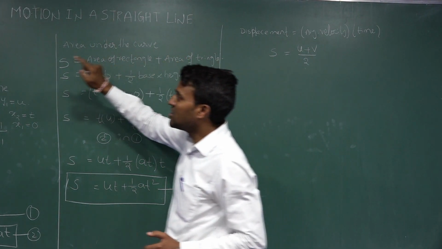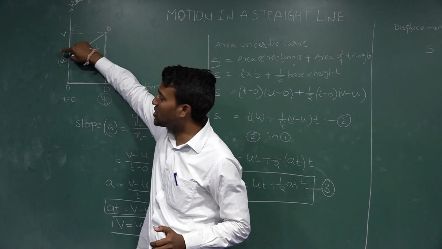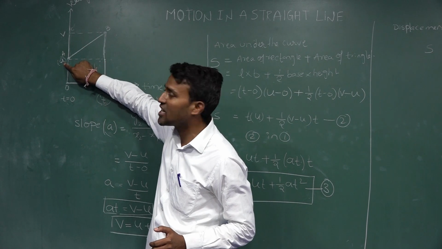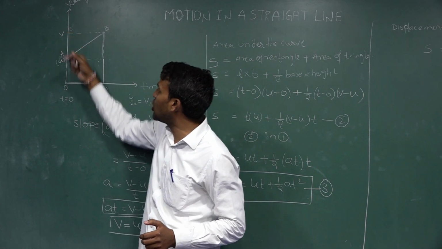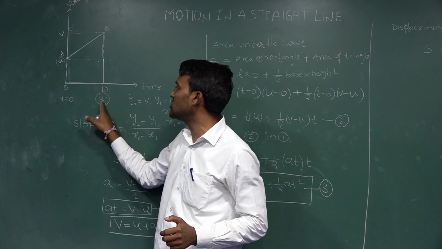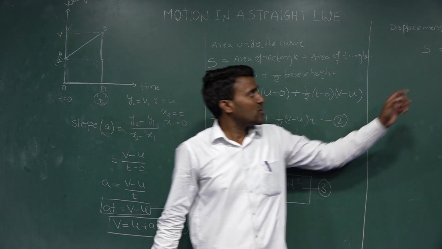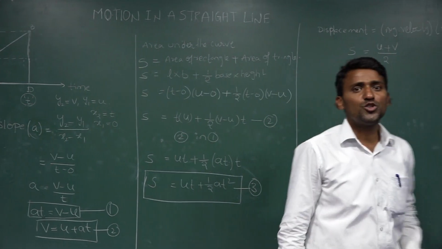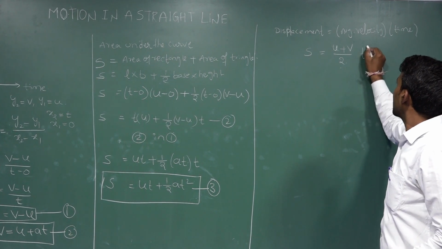In the graph, initial velocity is u, final velocity is v. From initial to final, how much time is taken? 0 to t time interval. So we took an equal time interval. From that, average velocity is equal to u plus v divided by 2, and this is time.